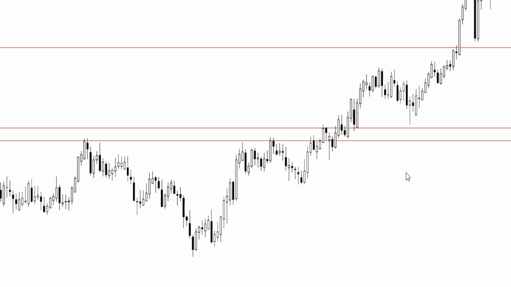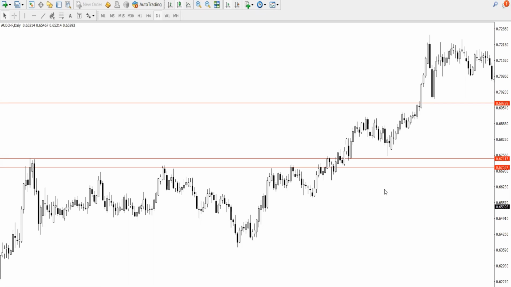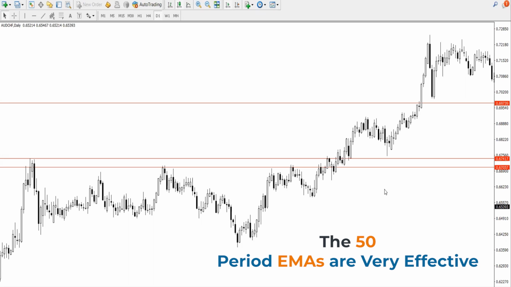And if it is on a pullback or a retrace in line with the underlying trend, and if that pullback or retrace happens to form at a key horizontal support or resistance area, then that's enough for you to warrant entering the market. But also, if you overlay your EMAs in case of trading the higher time frames, the 21 and the 50 period EMAs are very effective.